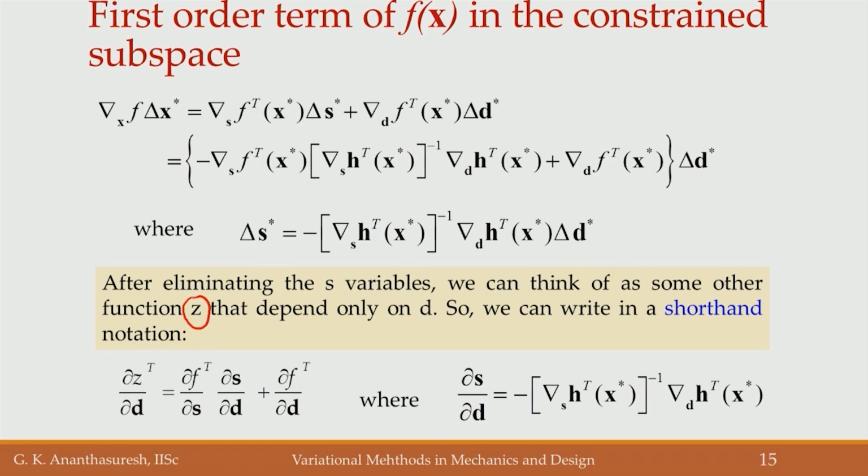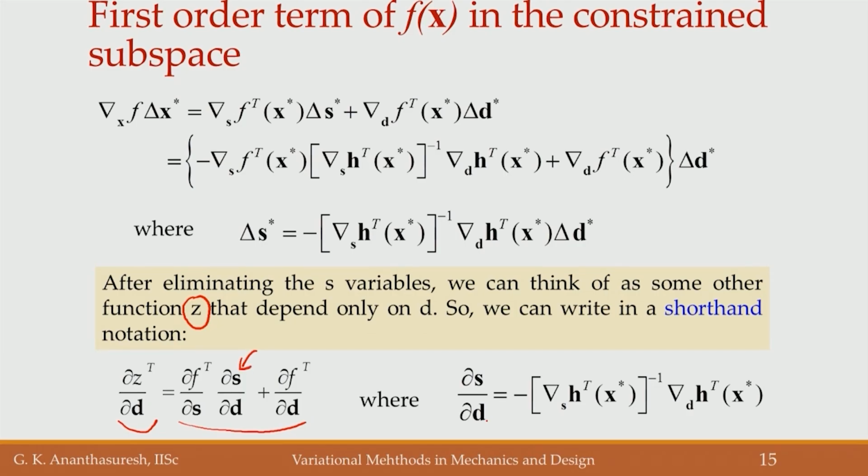We can talk about the gradient of the new function z. That is, dou z by dou d: z is nothing but f, so it has dou f by dou s times dou s by dou d plus dou f by dou d, which is what we have as two terms, because z essentially depends on d and s, but s is dependent on d, and that is where this comes about. Okay.